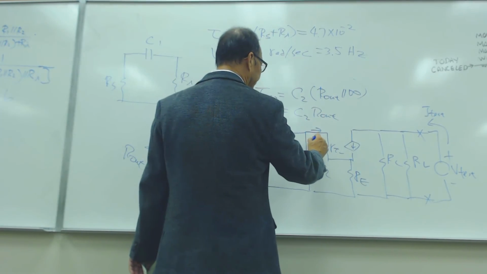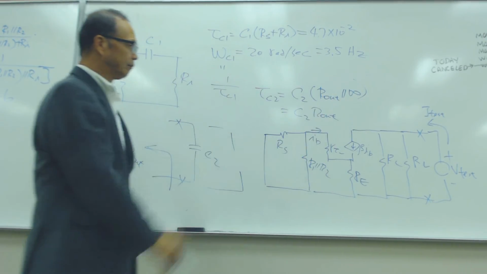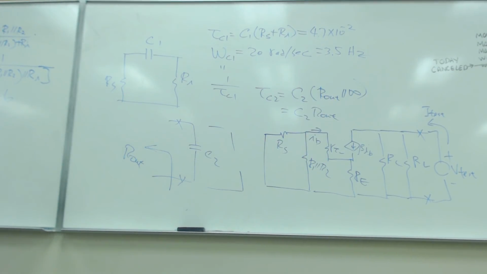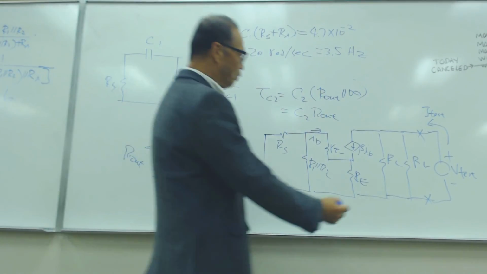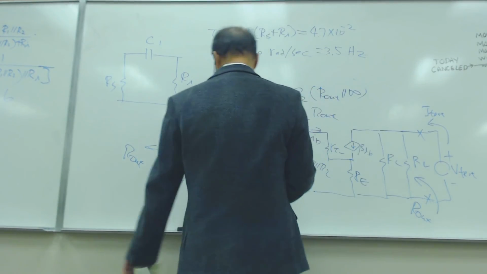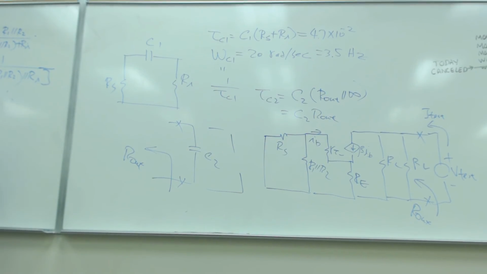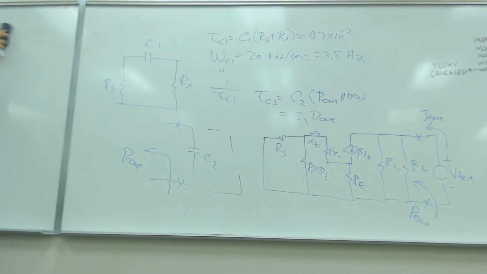This is IB, and this is beta IB. So we got everything. What you're looking for is R out, which is V test over I test.